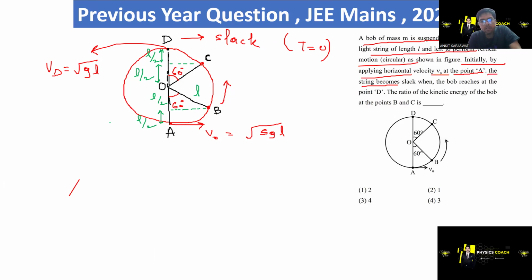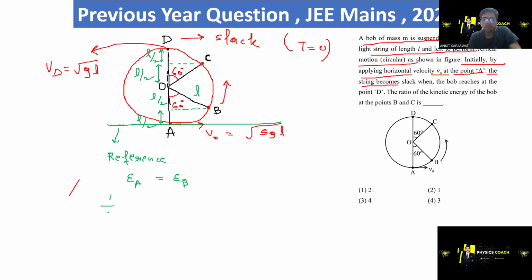Apply conservation of energy at points A and B. Take A as your reference point. Okay, keep it as reference. So total energy at A is equal to total energy at B, there is no friction, only conservative forces are there.